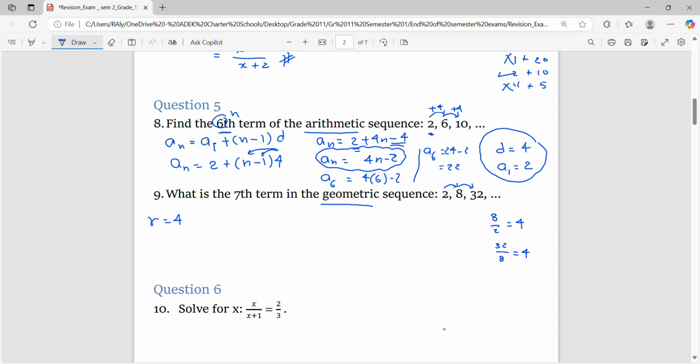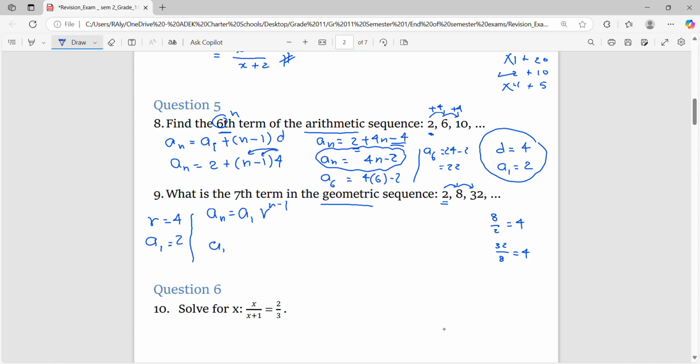All the time you will get 4, and this is what we call the common ratio, r. So r equals 4. And as I told you in the 8th question, we need to know a1. It's very important. What is a1 in this sequence? It is 2. As we did in question 5 and question 8, we have to write the nth rule. The nth rule of the geometric is an equals a1 times r to the power of n minus 1.